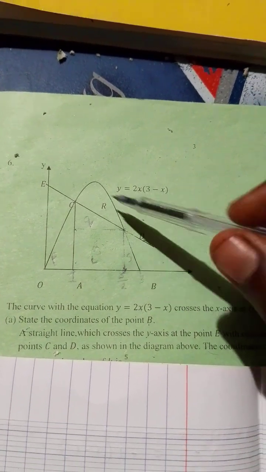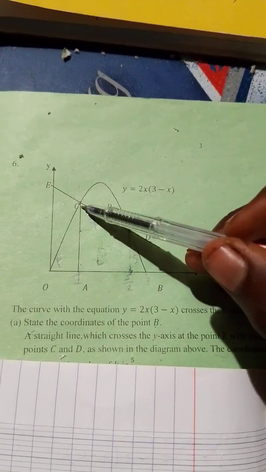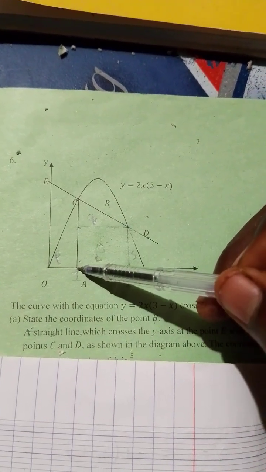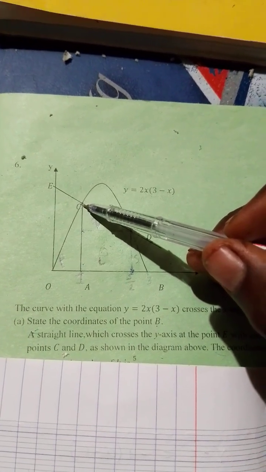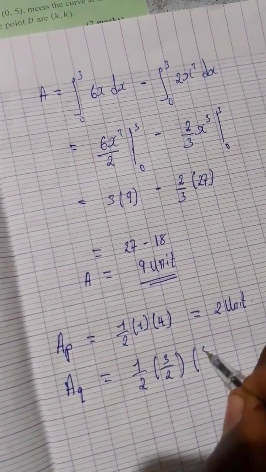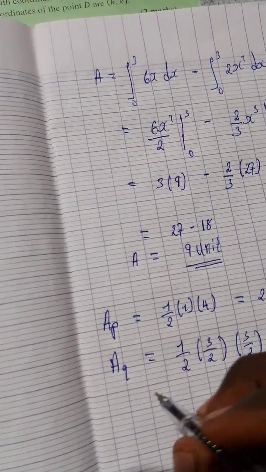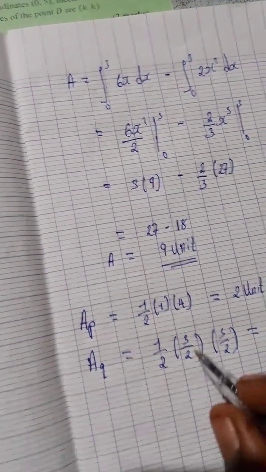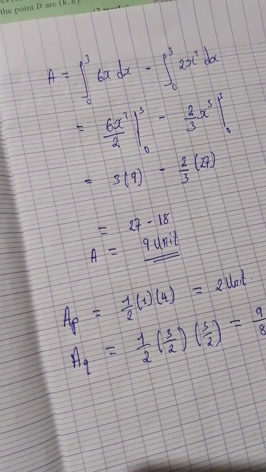And we know the distance from here to here is 4. So if from here to here is 4 and from here to here is 2.5, you mean that from here to here will be 4 minus 2.5. That's 1.5. Correct. 1.5 is the same as 3 on 2. That's half base times height, which is equal to 9 on 8 units.